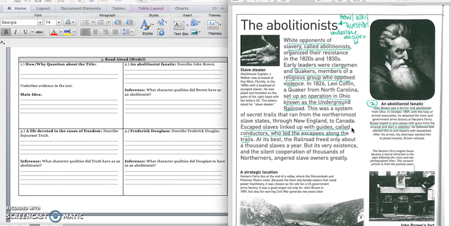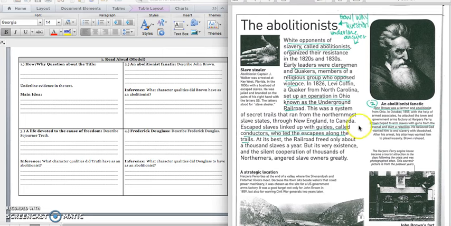Escaped slaves linked up with guides called conductors who led the escapees along the trails. At its best, the railroad freed only about 1,000 slaves a year, but its very existence and the silent cooperation of thousands of Northerners angered slave owners greatly.